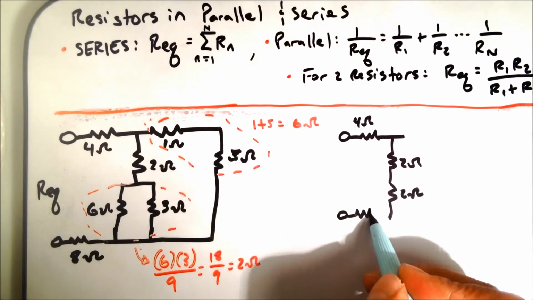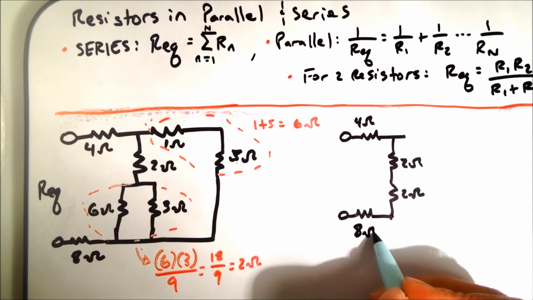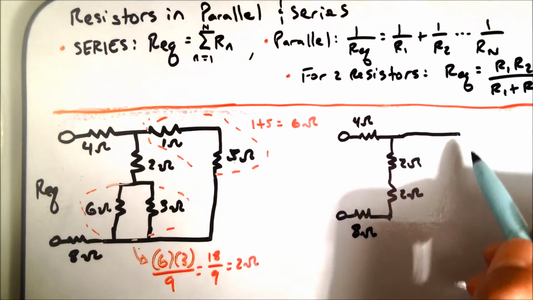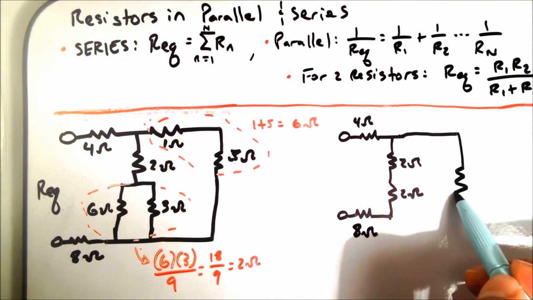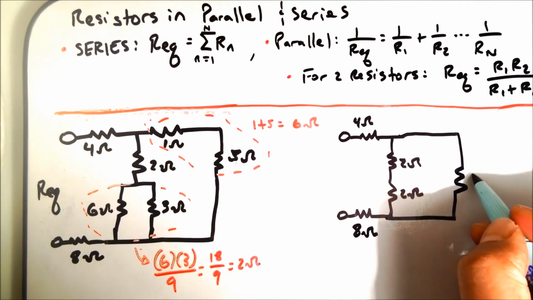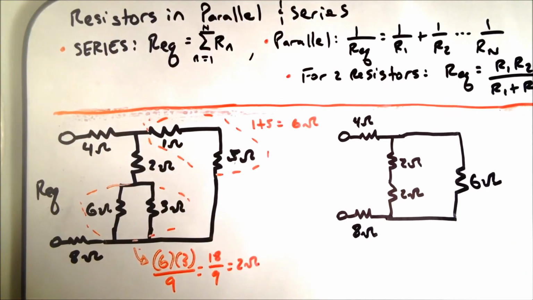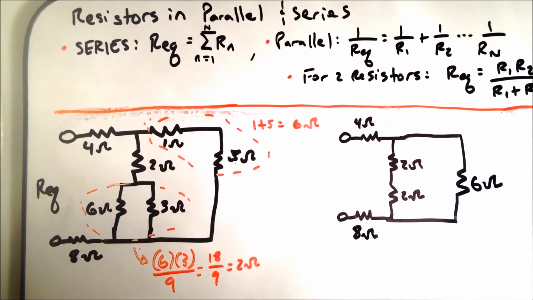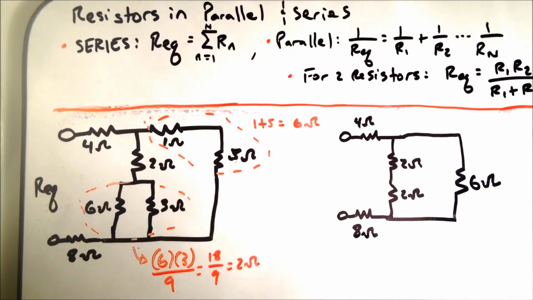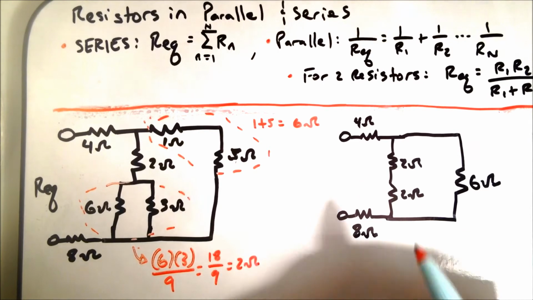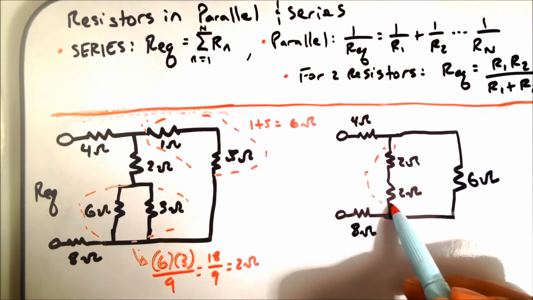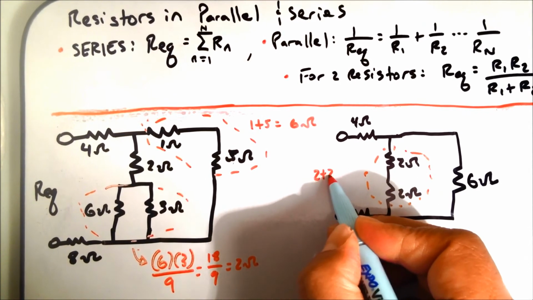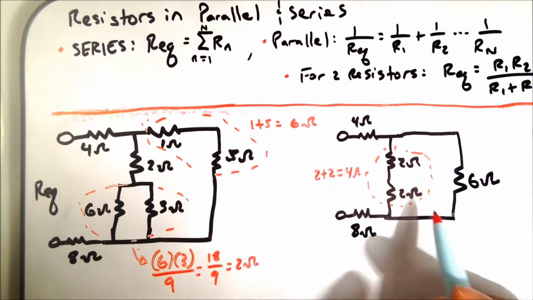We still have our 8 ohm resistor here. And now we've calculated this equivalent resistance to be 6 ohms. Hopefully you can easily see that we have these two resistors in series, so we can just add those two up to get an equivalent resistance of 4 ohms. 2 plus 2 equals 4 ohms, right here.